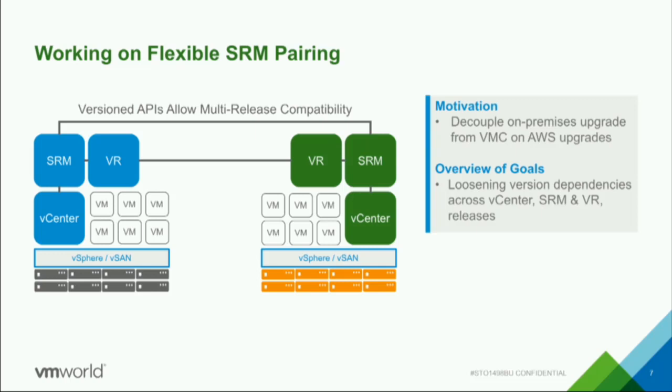So we want the flexibility of being able to upgrade and change things on the VMC side and not have the customer have to change things on their end. So be able to iterate frequently on the VMC side, make upgrades, make changes to that code, and not require any changes on the customer end of things.